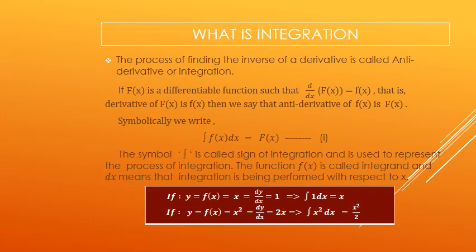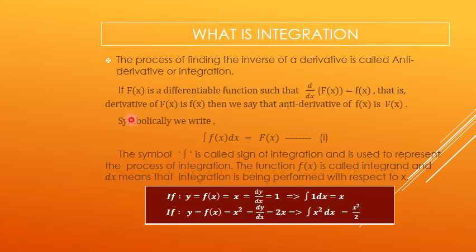And here we have the next example. If y equals f of x equals x squared, that means we have the function x squared, and when we take the derivative of x squared by using the power rule of derivation, we get 2x.